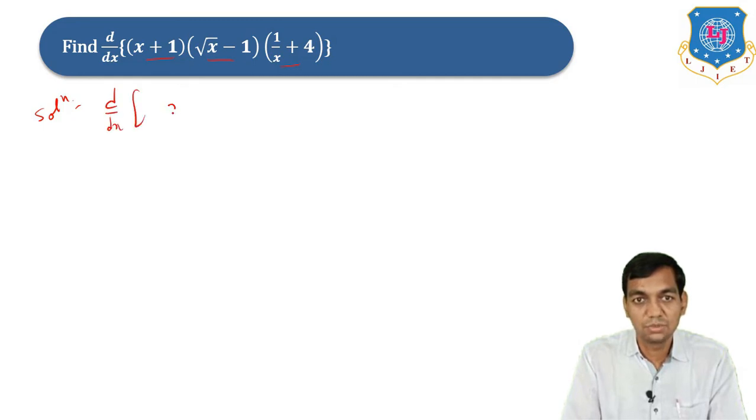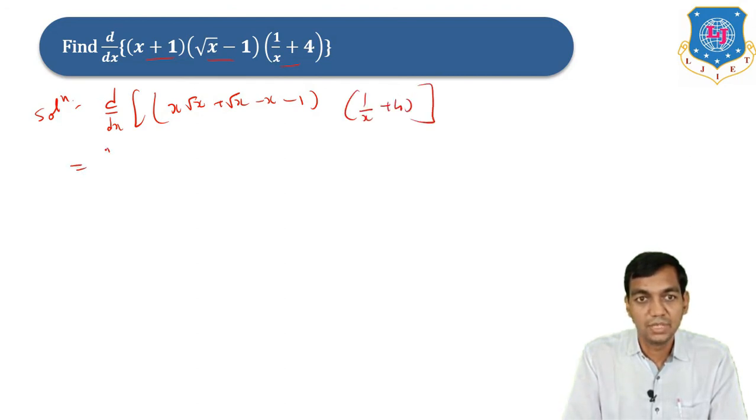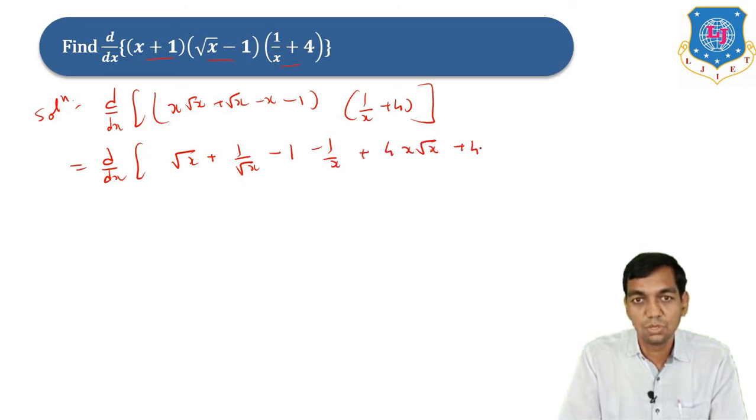So that will give you x root x plus root x minus 1, this is into 1 upon x plus 4. In the same manner, d by dx of multiplying these two. So this will be root x plus 1 upon root x minus 1 minus 1 upon x plus 4x root x plus 4 root x minus 4x minus 4, and simplify.